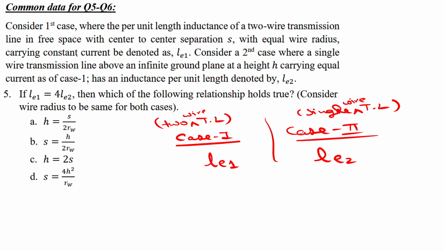So in case 1 and case 2, both transmission lines are carrying the same current, and it has an inductance per unit length denoted as Le2.